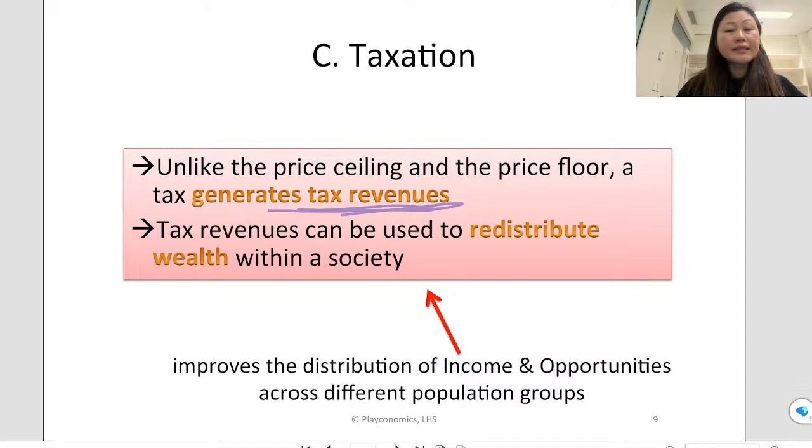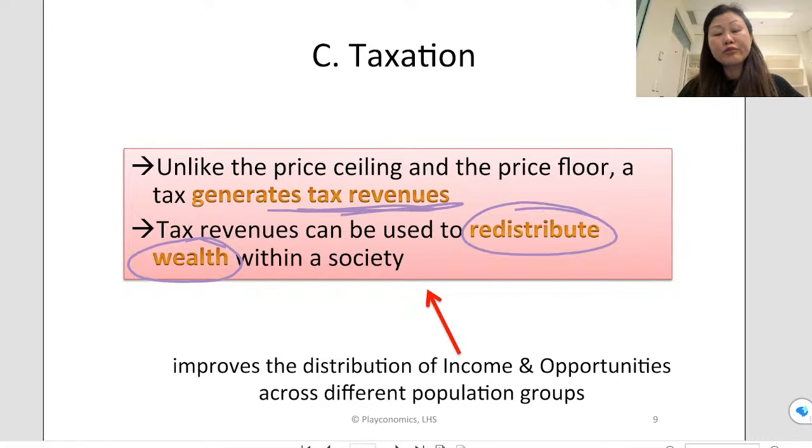But a tax revenue redistributes wealth within the society. It improves the distribution of income and opportunities across different population groups. So the question that we're going to ask ourselves is: is taxation going to work better than price ceiling and price floor? We're going to see that in a minute.